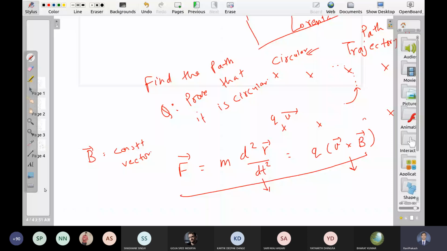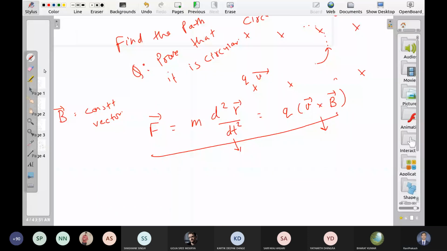So I'm not going to do it, or I can write just equations for you for your benefit. What is x component here?